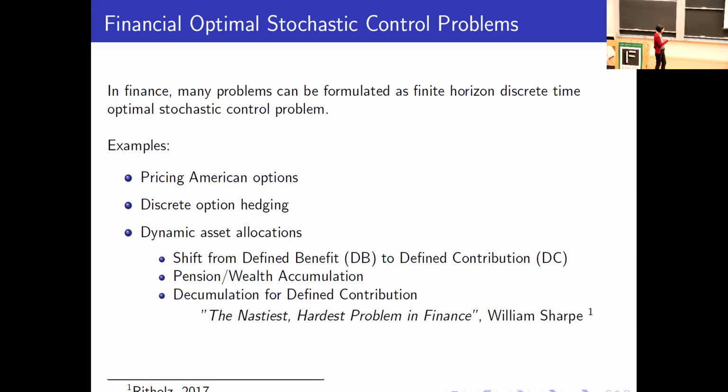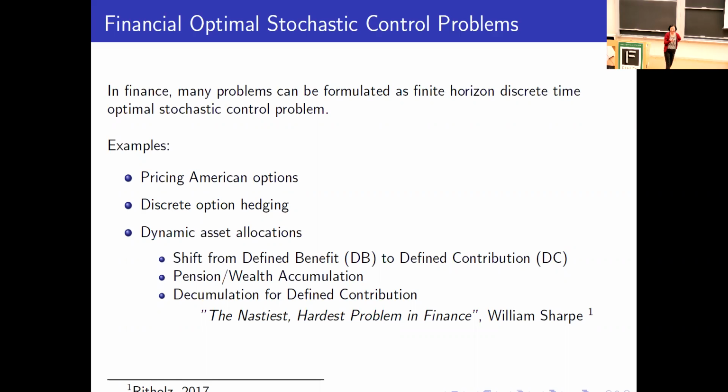So in particular, in this talk, I'm going to look at the decumulation problem. Some of my earlier work looked at the accumulation problem. In this talk, I'll focus particularly on the decumulation problem, aimed at people who are older, who have built a large portfolio and need to make sure that you have enough money before you expire.